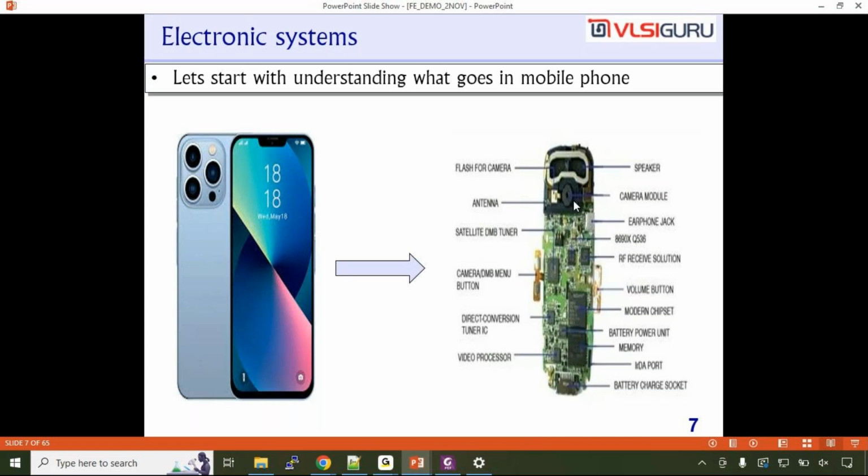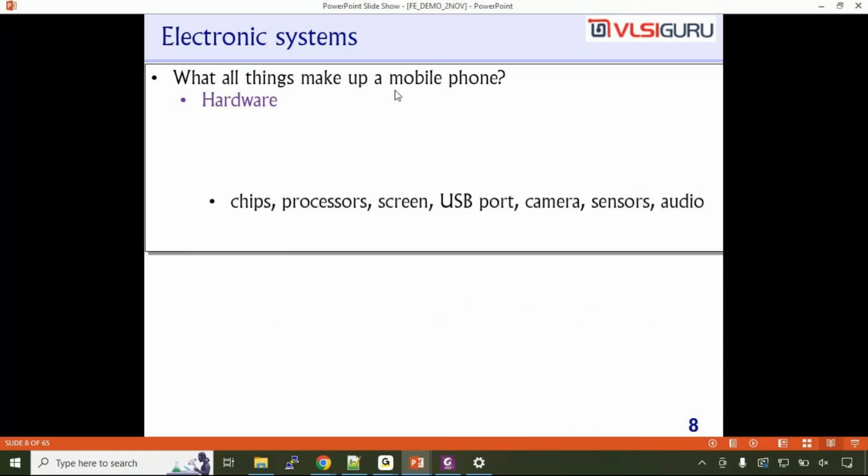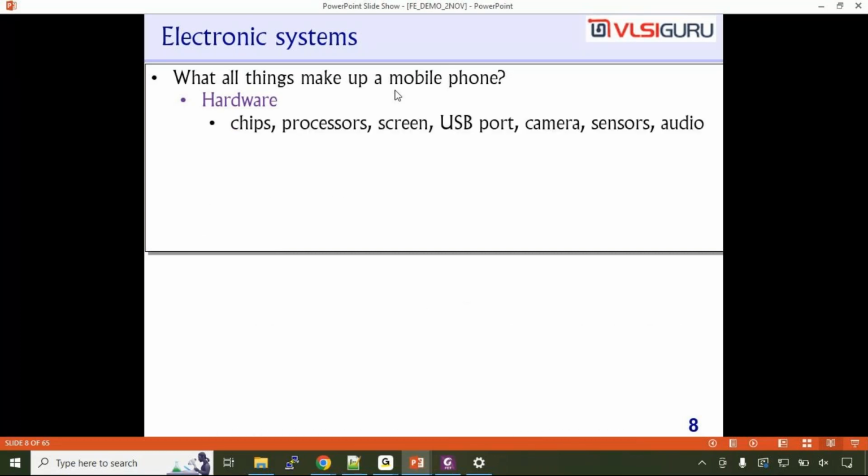The same thing applies to every other hardware. Even my laptop, or this remote in my hand: for anything, you need some kind of drivers or operating system to make it work. So now let us understand what makes up the entire electronic system. What makes up a mobile phone? First, hardware: chips, processor, screen, USB port, camera, sensors.